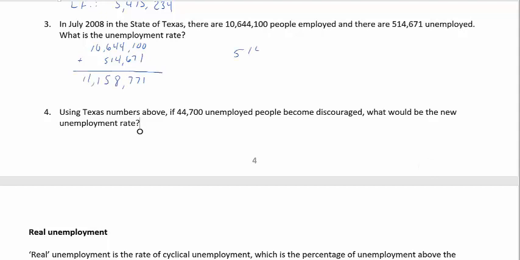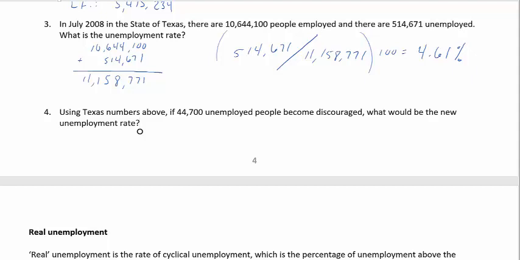So to get the unemployment rate, you divide the unemployed number by the labor force number multiplied by 100, and we get, I got 4.61%. So that's how you do it.